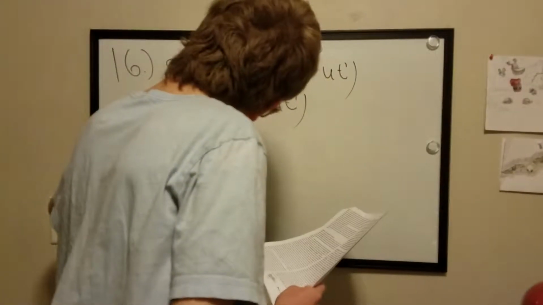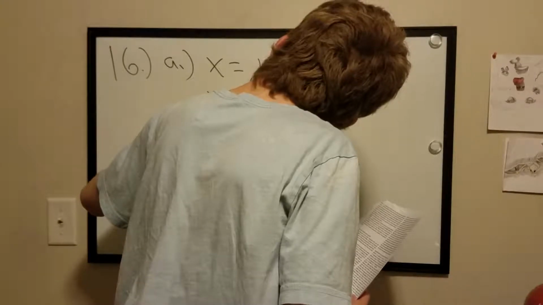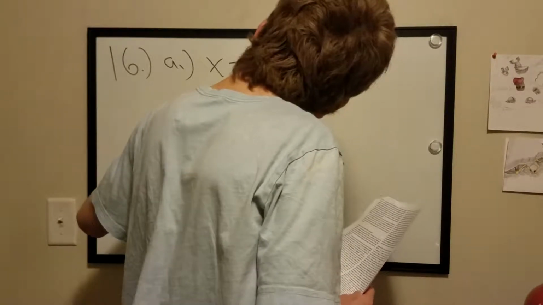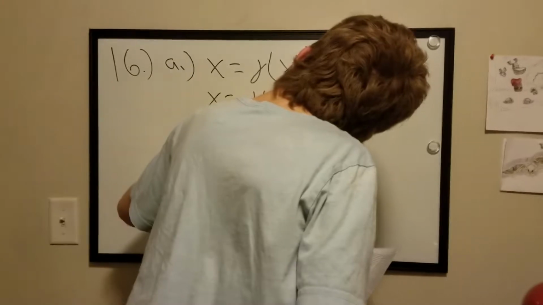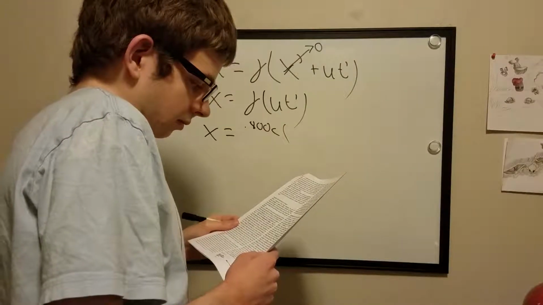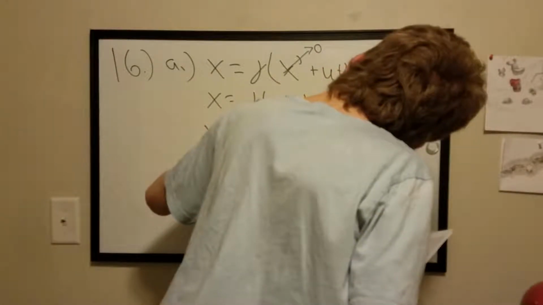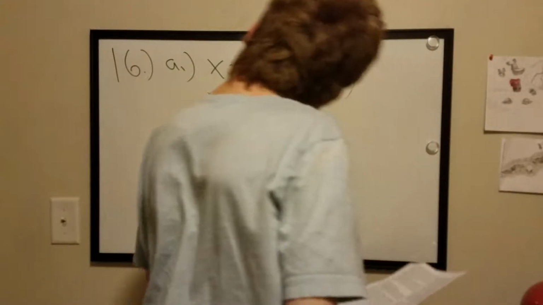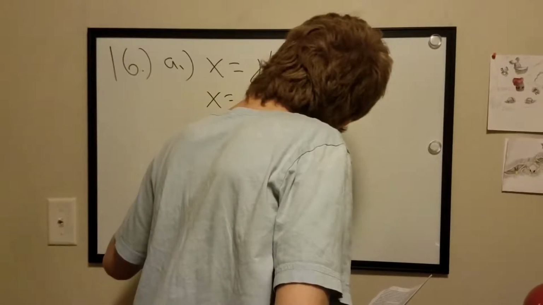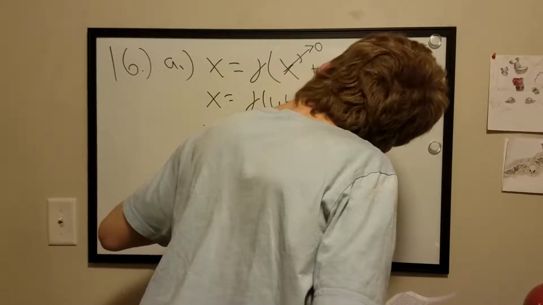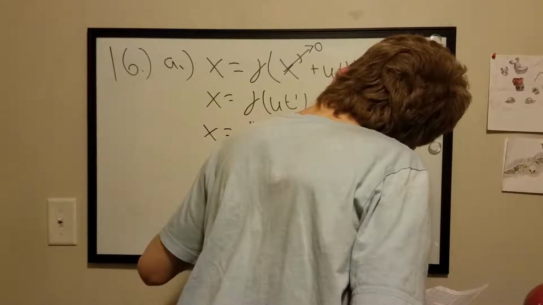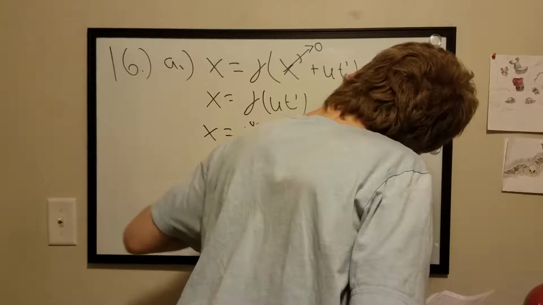So x for Stanley equals 0.800 c, where c again is the speed of light, times Mavis's time, which is 5.00 seconds, all over, because gamma is 1 over square root of 1 minus u squared over c squared, the square root of 1 minus 0.800 c squared, all over c squared.